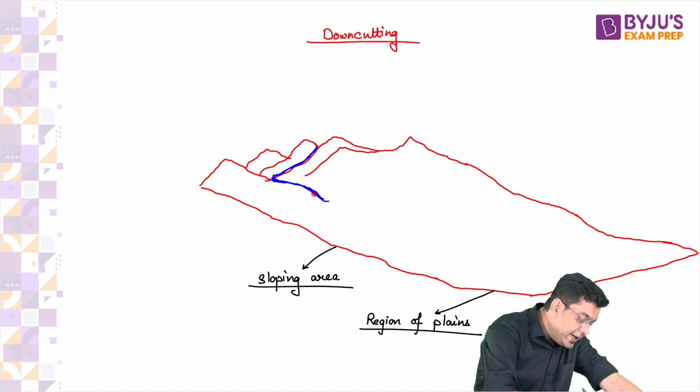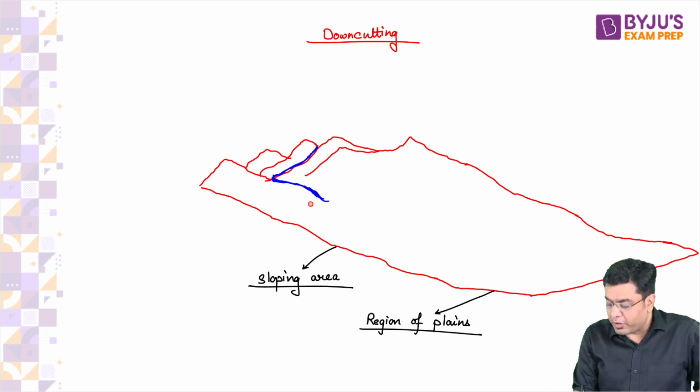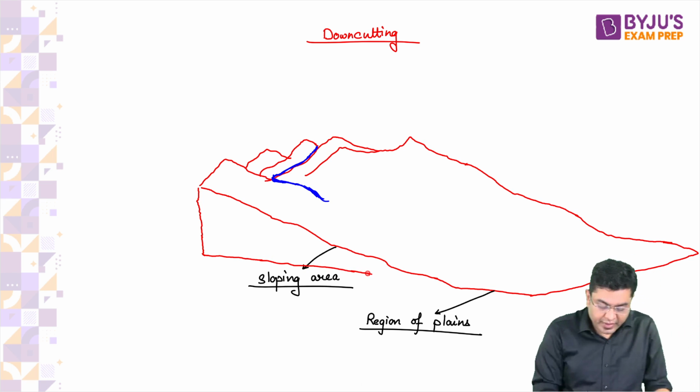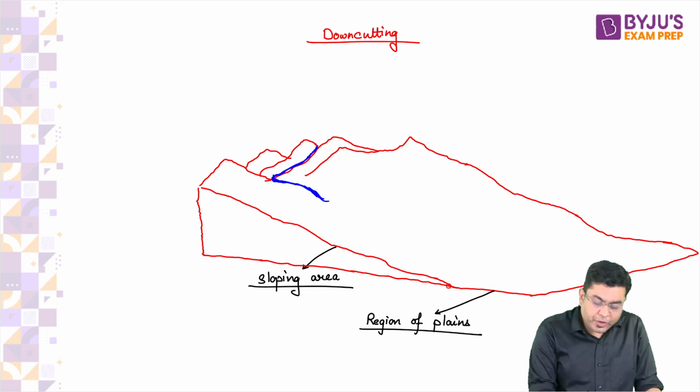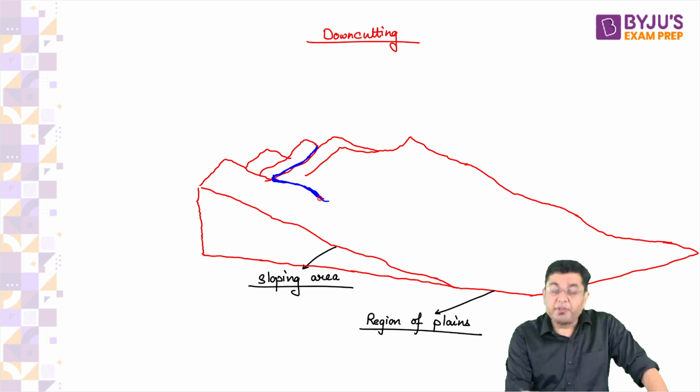If you have to think about the cross section, just to give you a visual idea about the cross section, this is a region where you have significant thickness in terms of cross section, and then eventually you come to the region of the plains. So here, when we talk about the river hurtling down the slopes in this area, the river will get deeper and deeper, isn't it?